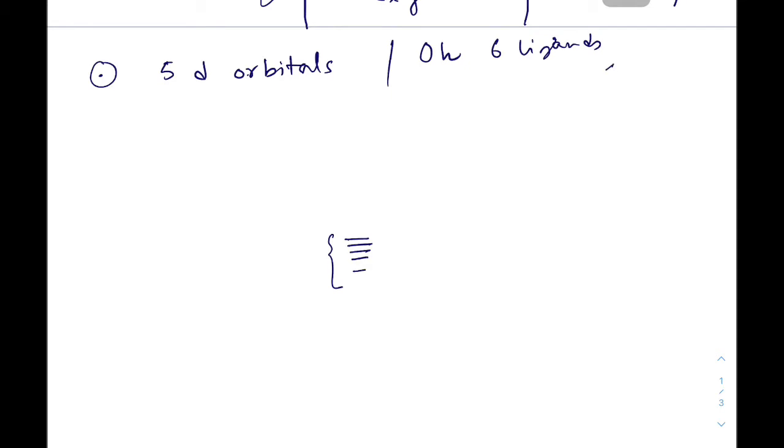If we draw the picture, it will look like this. It is x, it is y, and this is z, and the corresponding orbitals are like this.